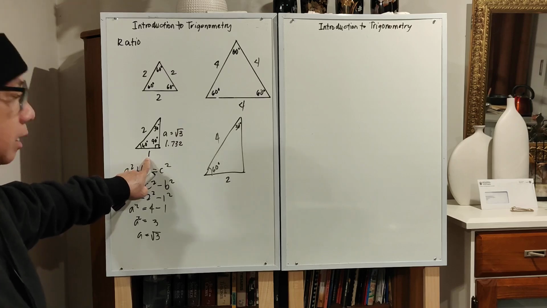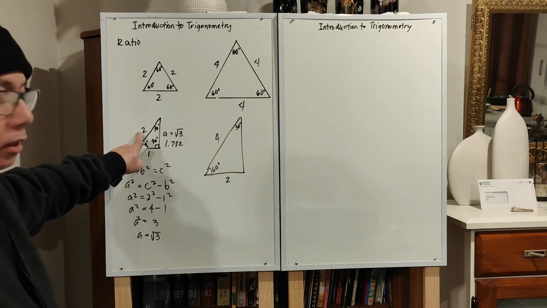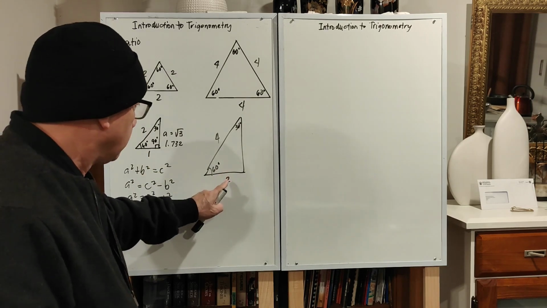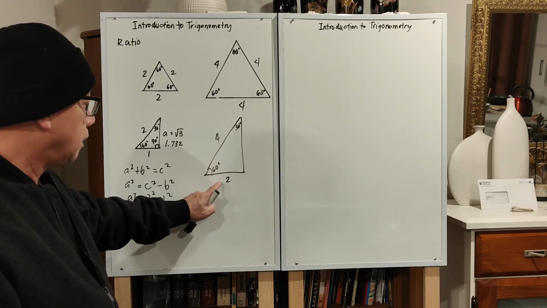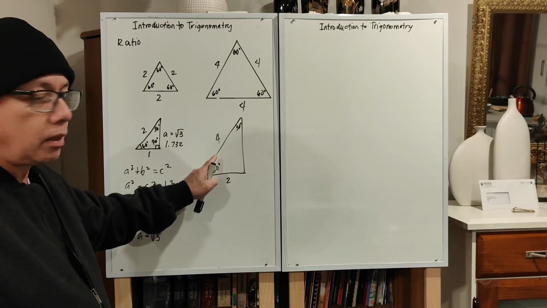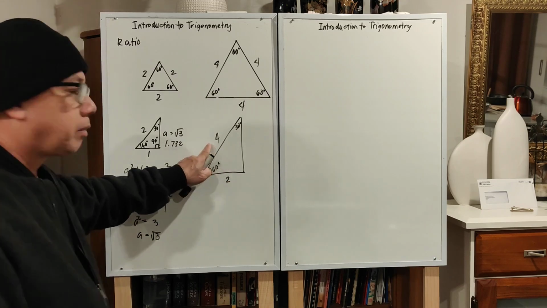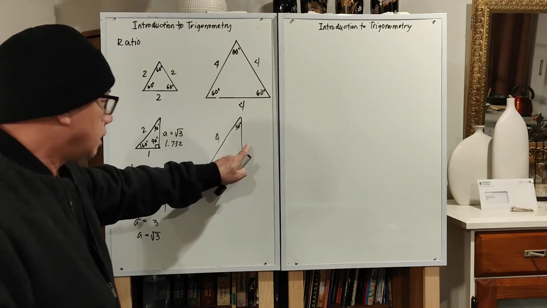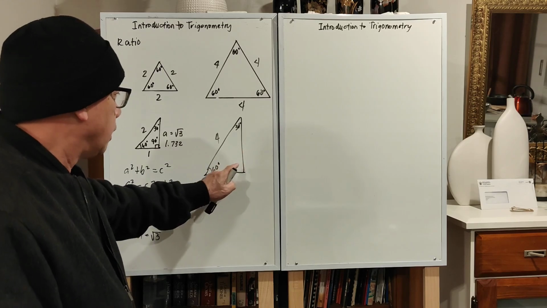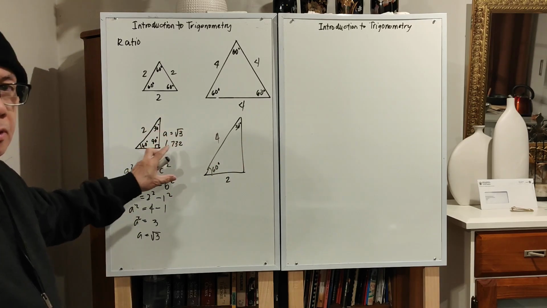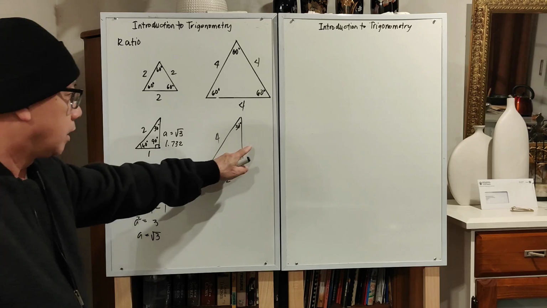So in here, this is 1. You double it, this is 2. So for a similar triangle, a bigger one but the same angles, this is 2, it doubles, it becomes 4. Now this side, we can use the ratio we have taken from here to get the other side.